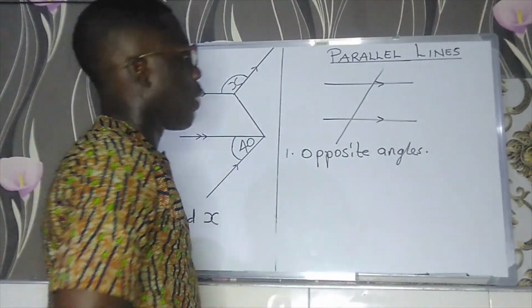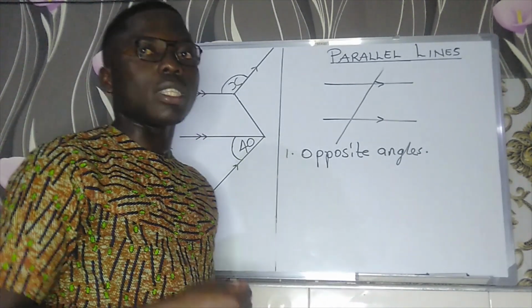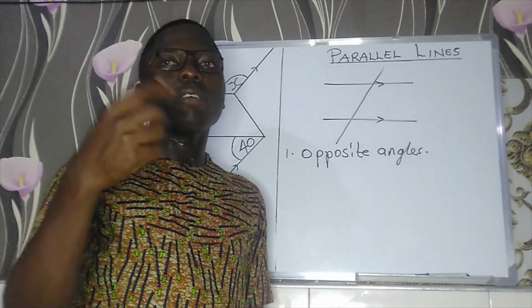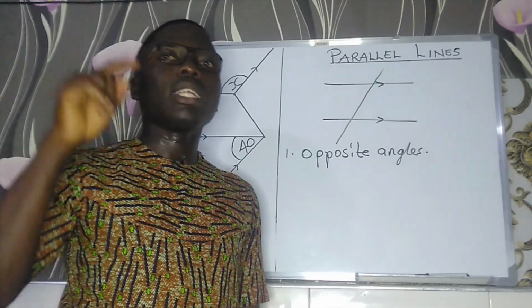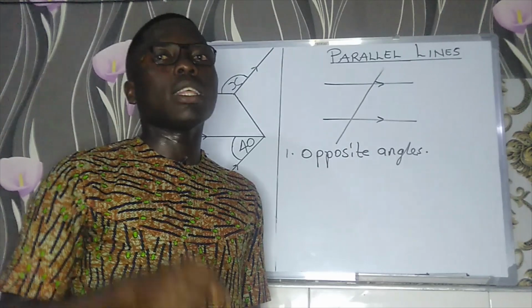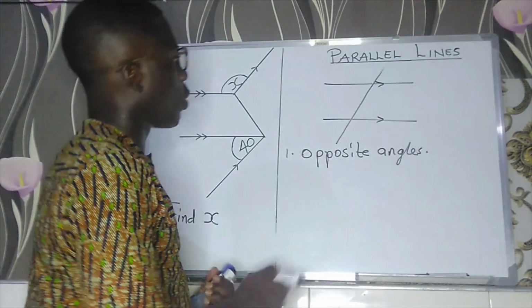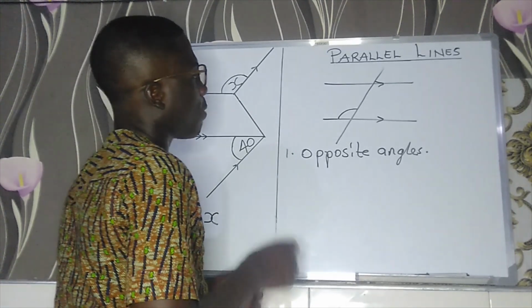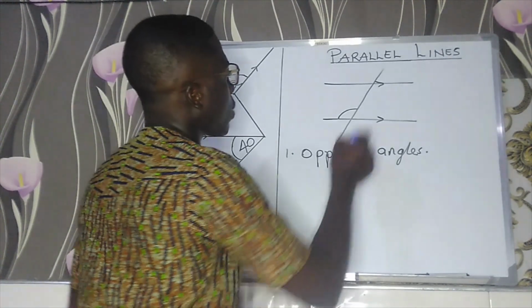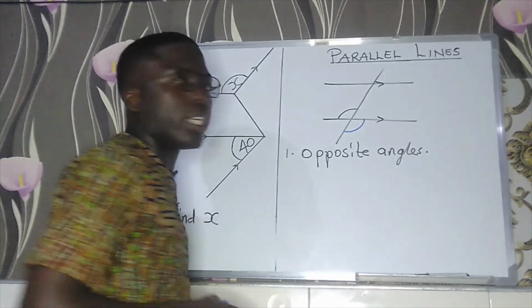We say angles are opposite when they are directly facing each other. Angles are opposite when they are directly facing each other. And so this particular angle is directly facing this particular angle here.